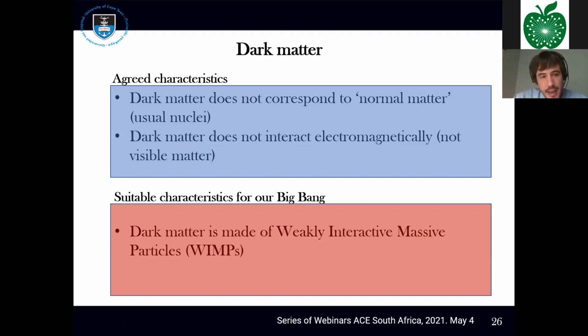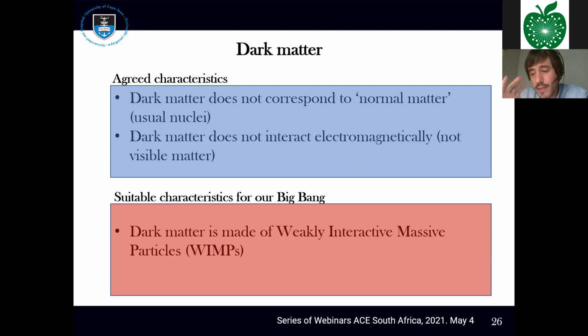So one of the suitable characteristics for dark matter in order to fit our Big Bang theory is that dark matter is made up of particles that interact in a weak way with the rest of the particles we know, and they should be massive.